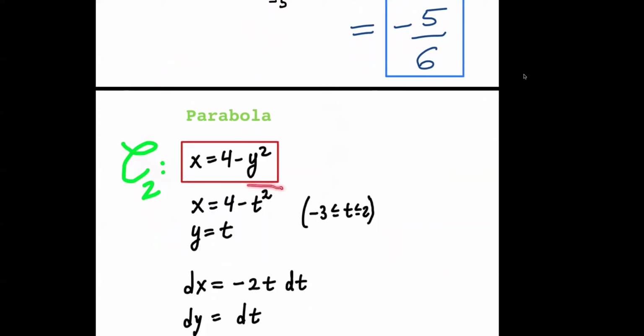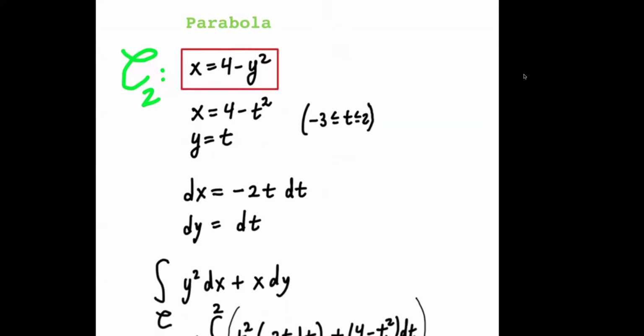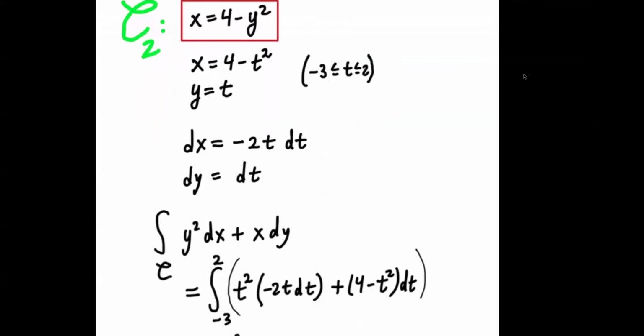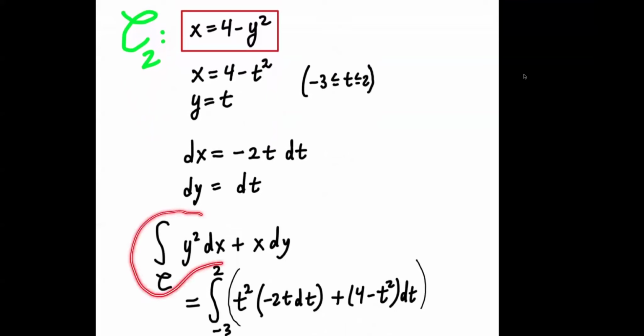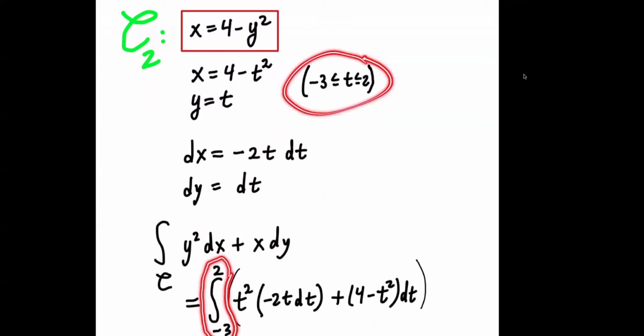Okay, so now we have our parameterization of x and y. We have our range of t variables. We should calculate dx and dy. In terms of t, we have these two expressions. And now our original line integral was this thing. Now we just substitute one piece at a time. The limits of integration come from this range of t values.